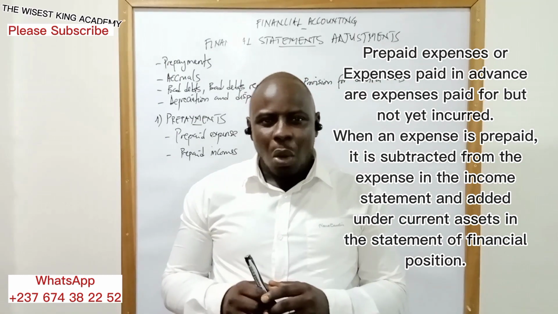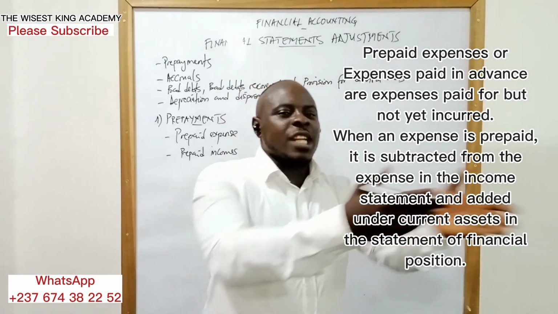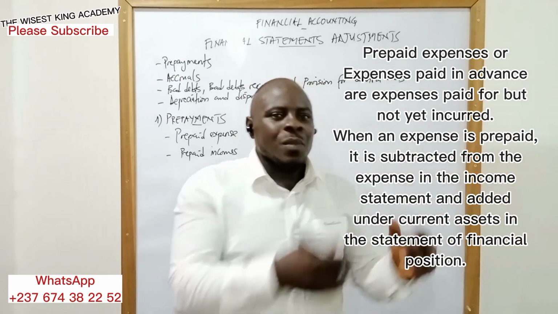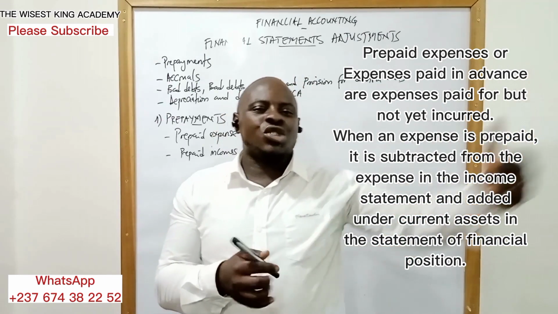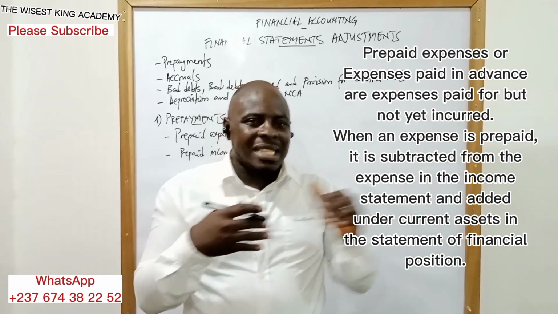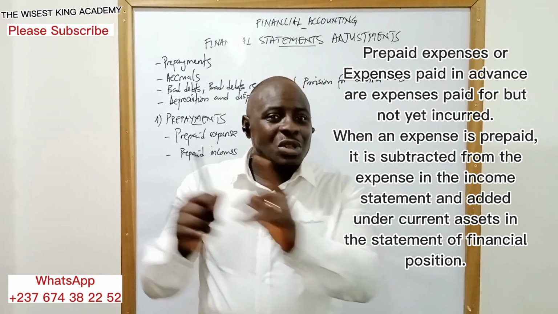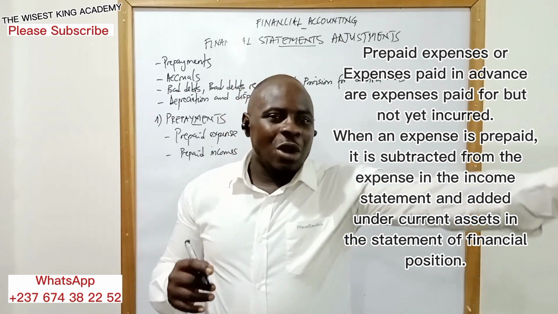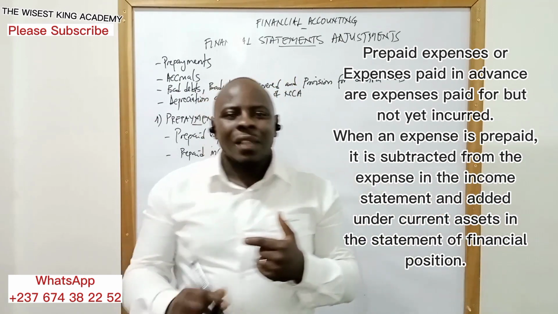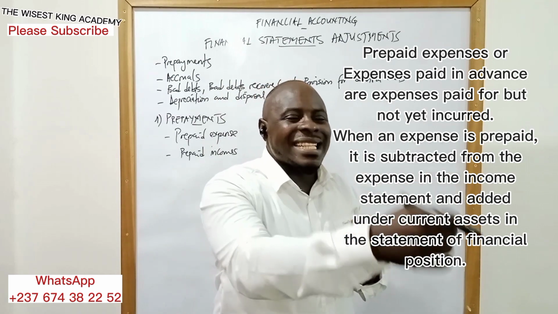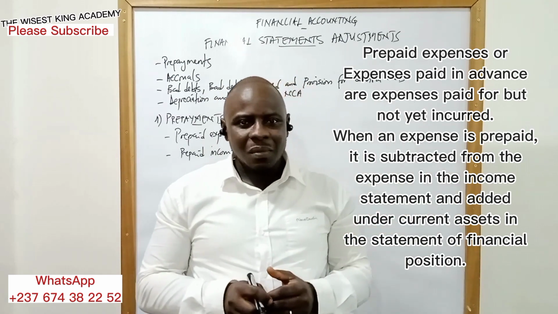This is because when we pay for an expense in advance, the receiver of the money is owing us until the expense is incurred. By so doing, if he is owing us, he is a debtor, and debtors are current assets.